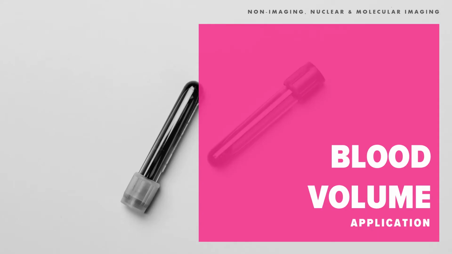The next non-imaging assay where we can use a radioisotope or radionuclide as part of the benchmark of measurement is to measure the blood volume. How exactly do people determine how much blood a person has? You can use a radionuclide approach to measure how much blood is available in a particular person's body system.